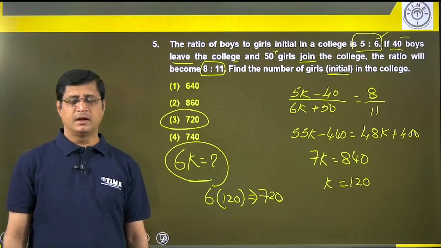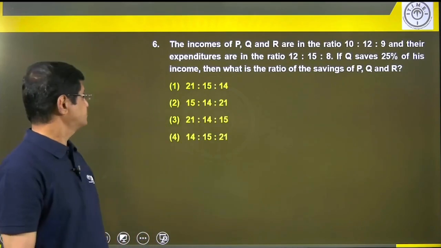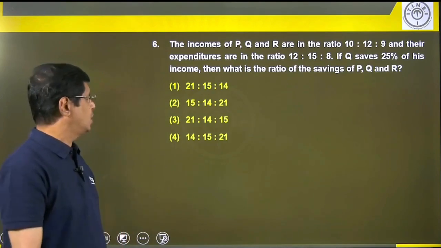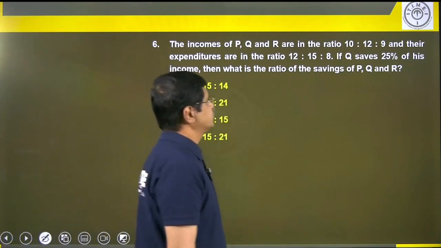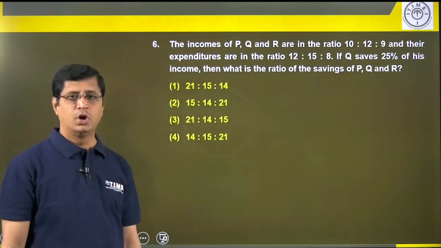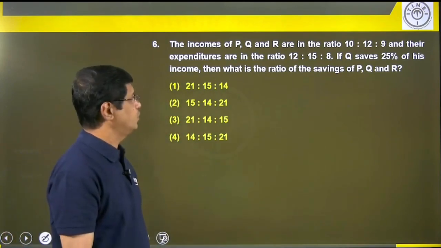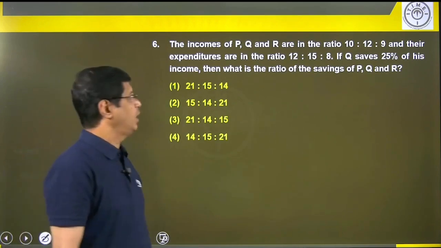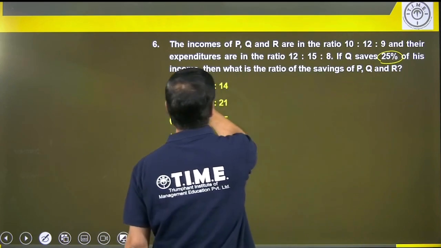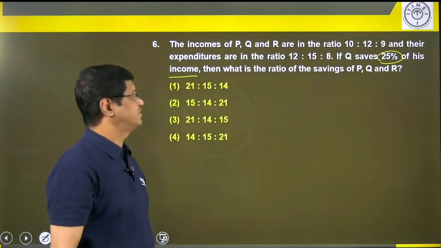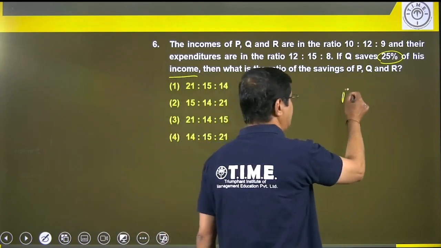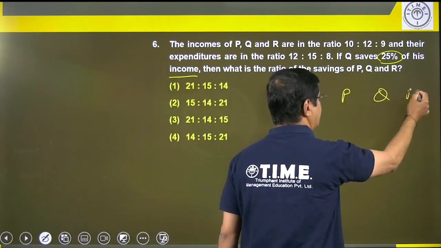Okay. Now moving to the next example. The incomes of P, Q and R are in the ratio 10:12:9 and their expenditures are in the ratio 12:15:8. If Q saves 25% of his income, then what is the ratio of the savings of P, Q and R?